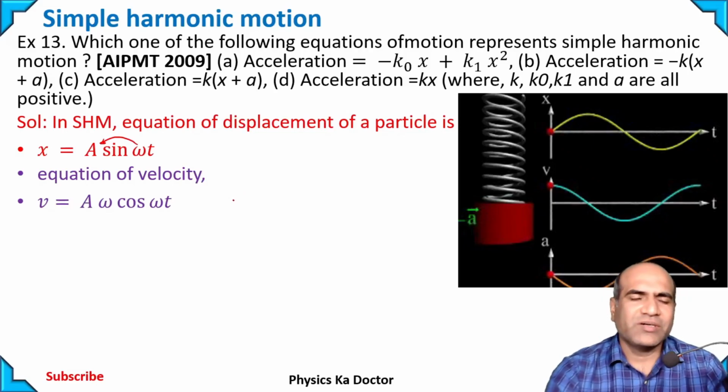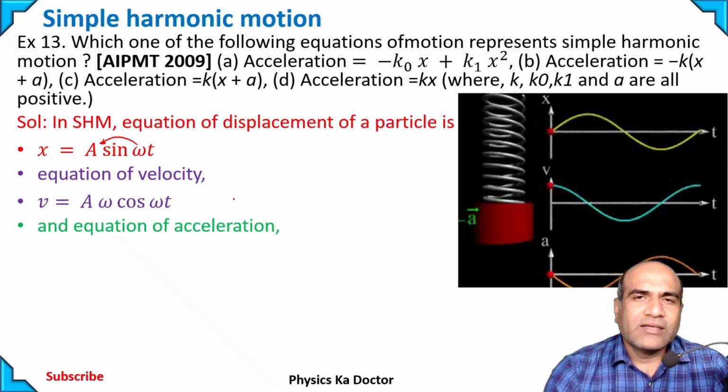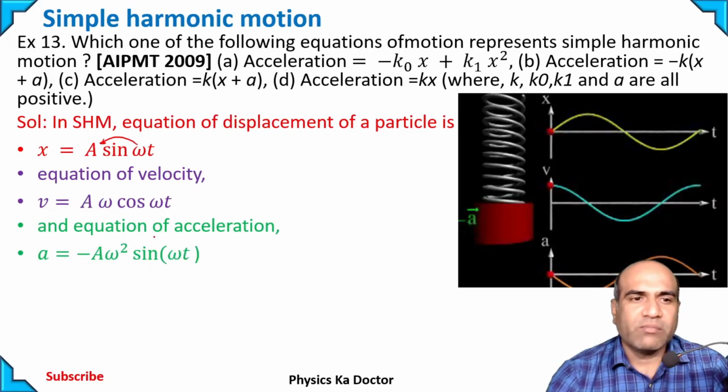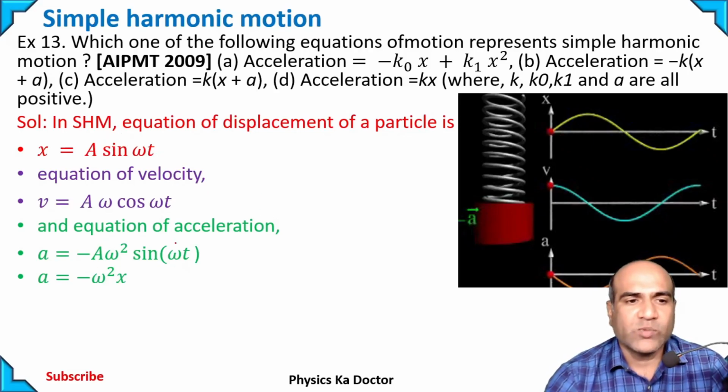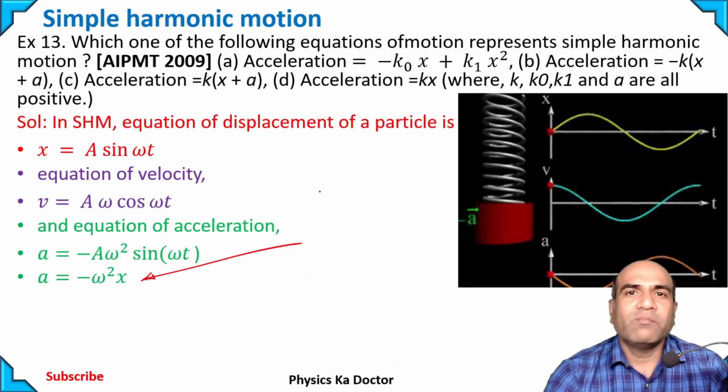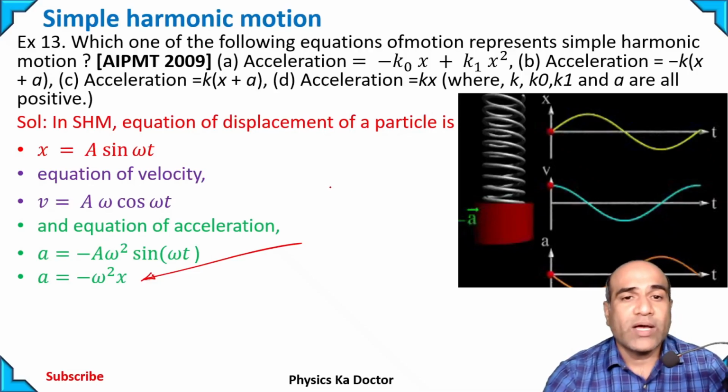Again differentiate. Cos becomes sine, so it becomes minus omega outside, so minus a omega square sine omega t. We can put the value of a sine omega t as x, so it becomes minus omega square x. Even this equation we memorize, right? a is equal to minus omega square x.